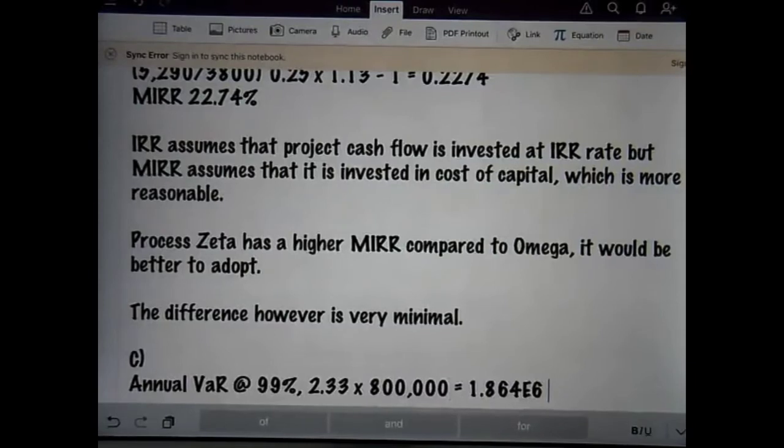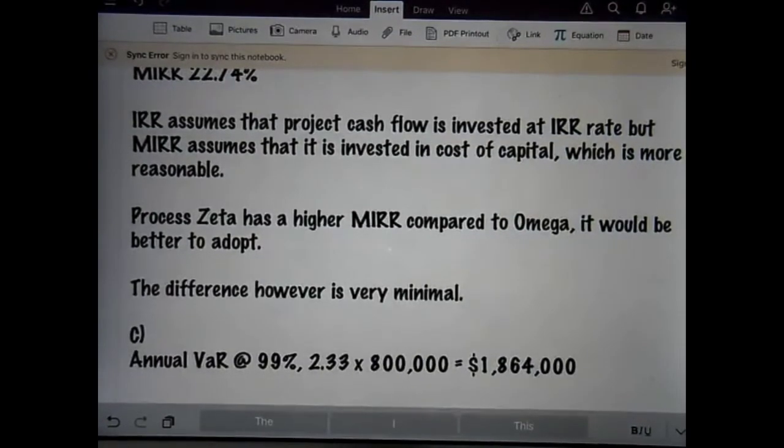Done. What am I getting here? The number I should get is 1,864,000. Got it?